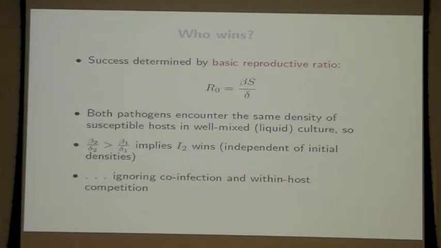And so, basically, the winner is determined by the ratio of infectivity to virulence, the death rate. Whoever has the highest ratio is the winner. So, any combination of the change in beta and delta that gives you a higher ratio leads to invasion.